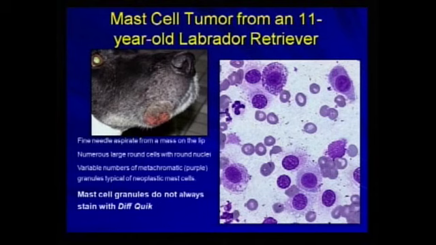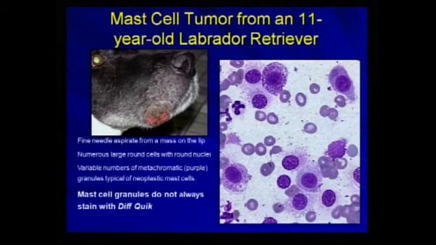Now, if I asked you to tell me whether this was grade 1, grade 2, or grade 3, you wouldn't be able to do it. Because usually that classification incorporates level of differentiation and level of infiltration, which we can't see on a cytology.